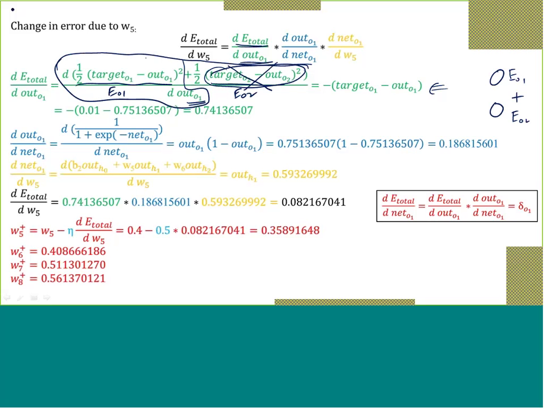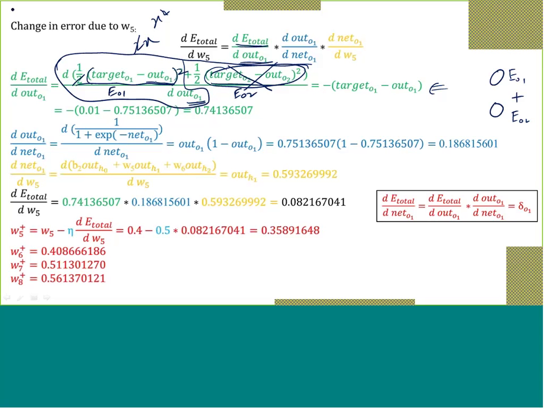When I differentiate this function, it is a square of it. The differentiation of x square is 2x, right? So this 2 will get cancelled with this 2, and I am left with target minus out 1. By chain rule, differentiating this with out 1, I will get minus 1.